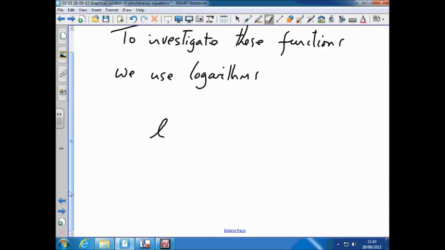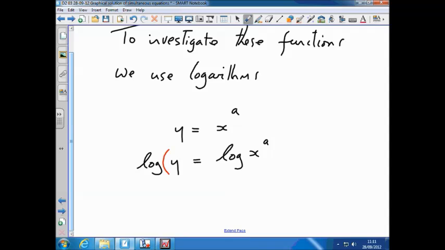If we have something like y equals x to the a, for example, some power function, then the logarithm of y equals the logarithm of x to the a. So I take the logarithm of both sides. And logarithms are to do with powers. And the laws of logarithms enable us to play around with this thing.